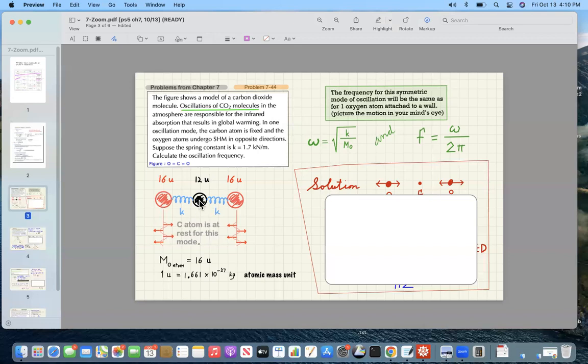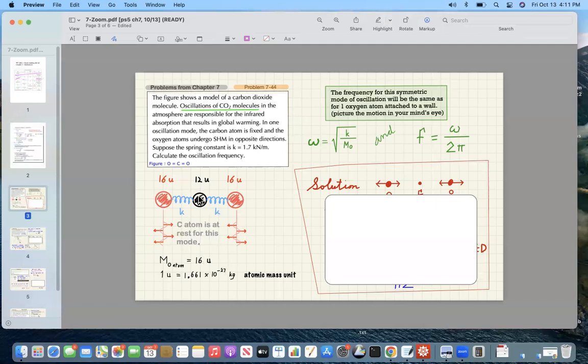It'll be just at the center of the carbon atom. So the carbon atom is at rest, the oxygen atom is oscillating back and forth in a plus or minus x direction. The other oxygen atom will be oscillating forth and back, 180 degrees out of phase.